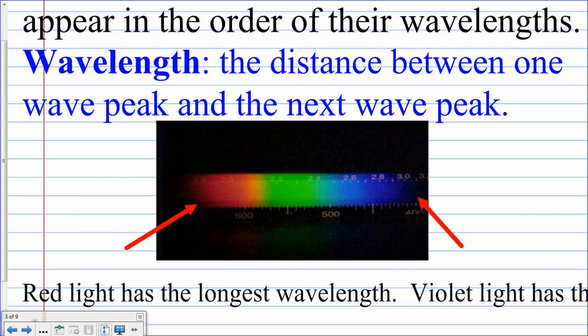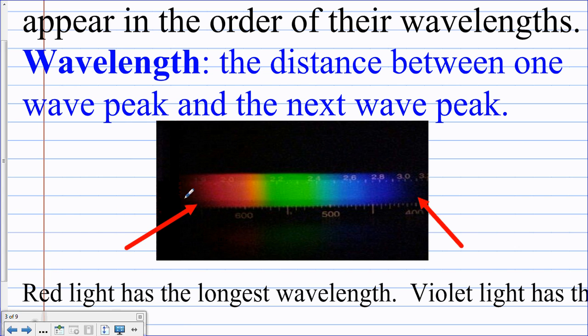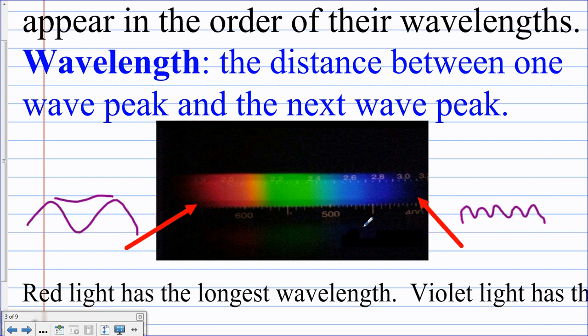So over here, when we talk about our wavelengths, we're talking about the distance from here to here. Okay, that's one wavelength. So our red ones are going to be further apart like this, and our indigo or violet ones are going to be much closer together. So our wave is oscillating or vibrating faster, and it makes a different color.